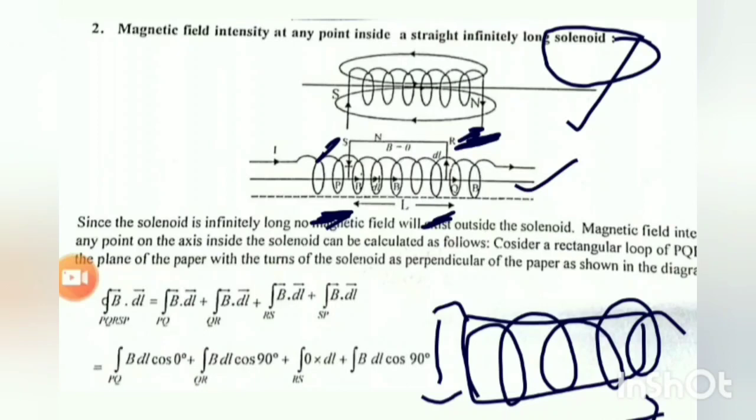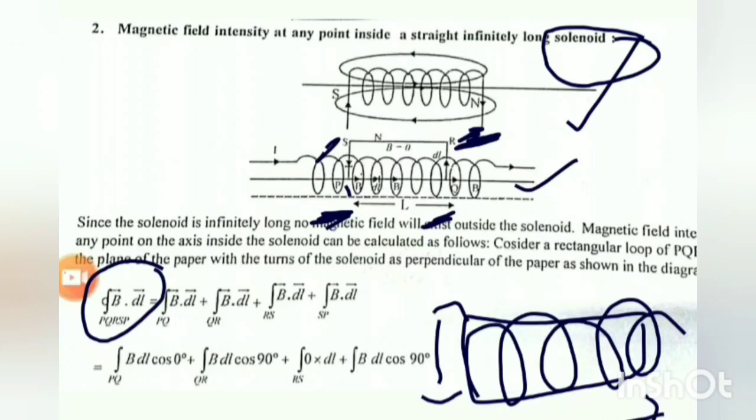Now using Ampere circuital law, we write it as integral of B dot dl over P, Q, R, S, P, that is the complete closed rectangle. Now we will find the line integrals of the four sides of the rectangle.